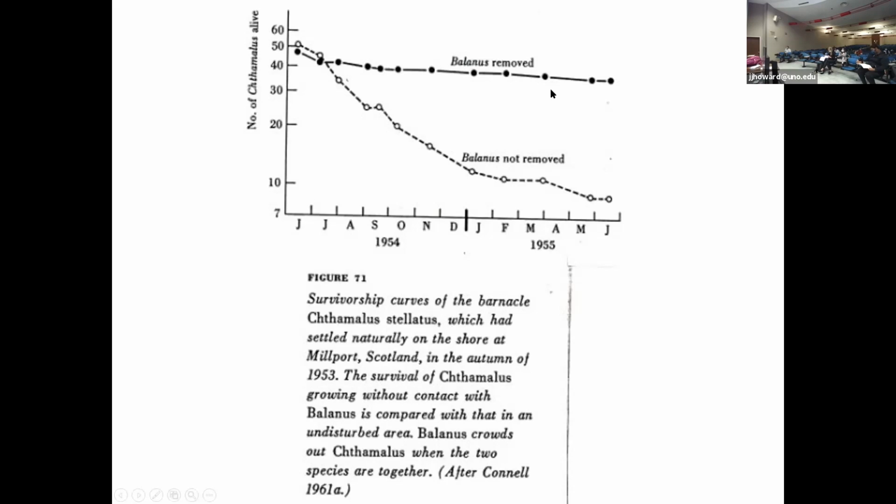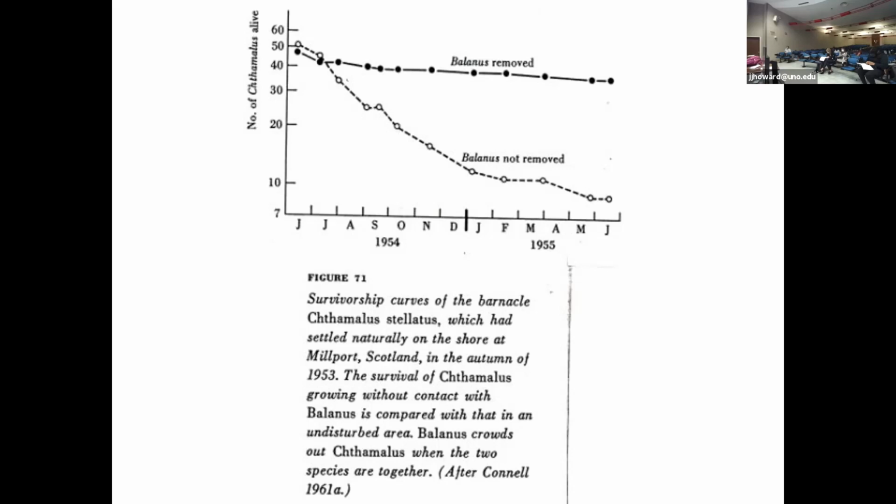So clearly what's happening here is that Balanus is outcompeting Thamnus in the lower intertidal. We've just proved it with this experiment. If you remove Balanus, Thamnus is fine. If you allow both of them to inhabit the same area, Balanus drives Thamnus extinct.